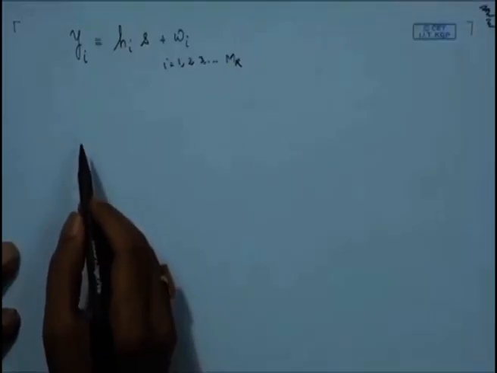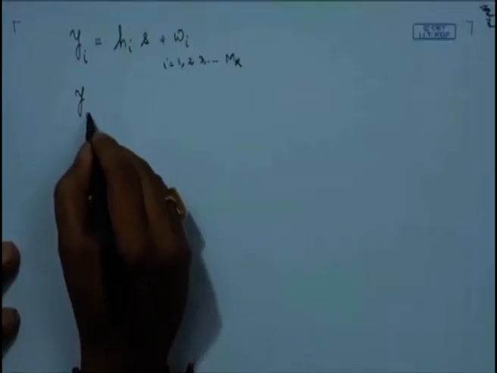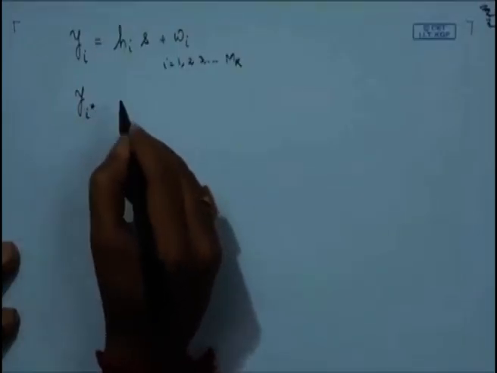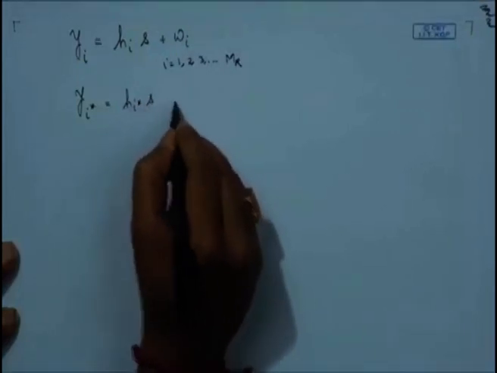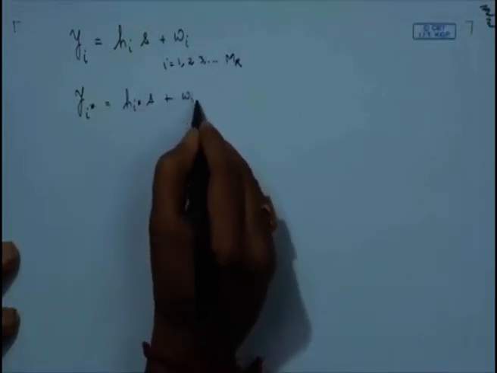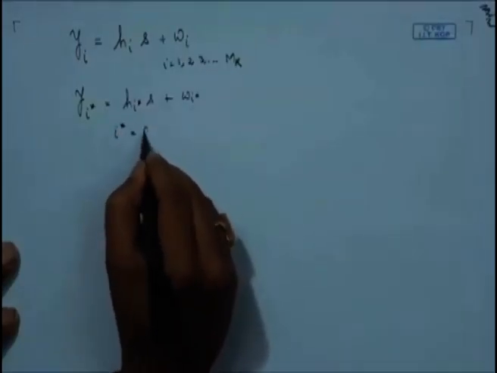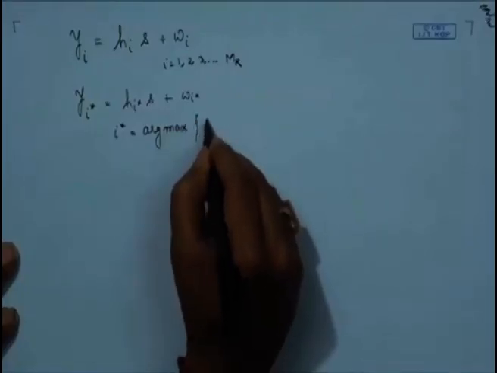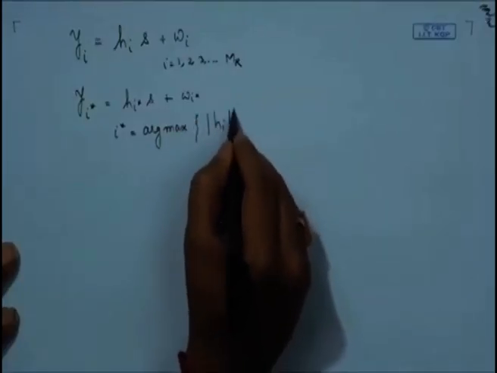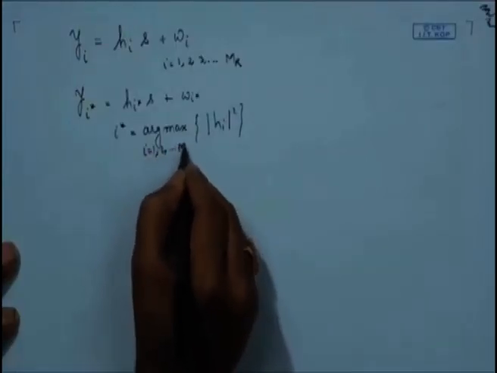And when we do the selection combining, we would simply rewrite the equation as y_i* equal to h_i* times s plus w_i*, where i* is equal to arg max of mod of h_i squared over i equal to 1, 2 up to M_r.